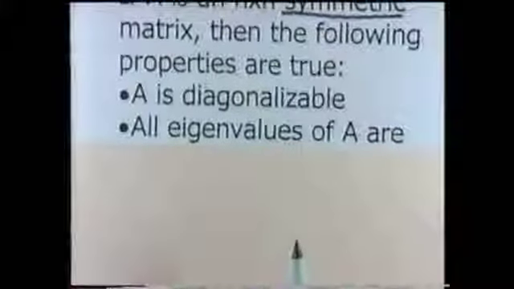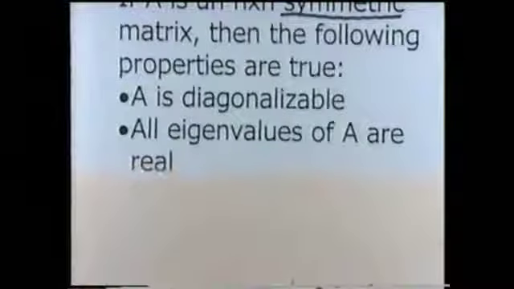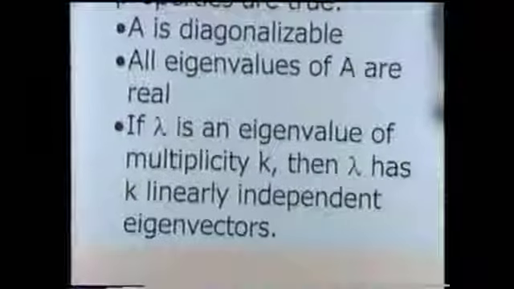The second property that's true for symmetric matrices, all eigenvalues of A are real. And the third property, if lambda is an eigenvalue of multiplicity k, then lambda has k linearly independent eigenvectors.